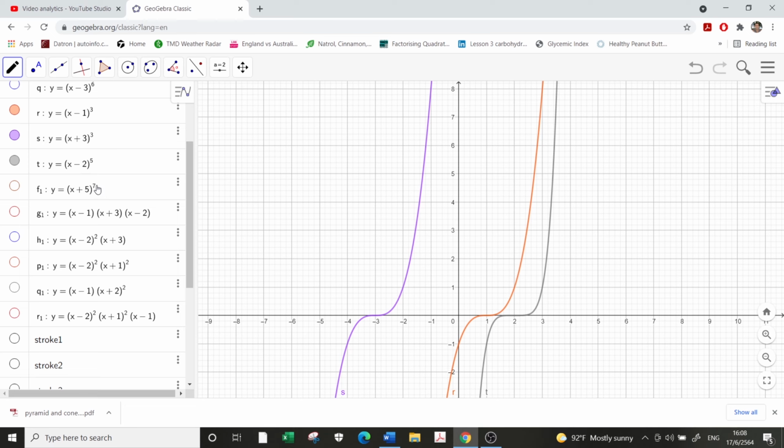And power 7, x plus 5 power 7. We have an x-intercept at minus 5, and the graph is passing through the x-axis at the x-intercept here. So in each case, the graph is cutting the x-axis, and that is because these powers are odd.